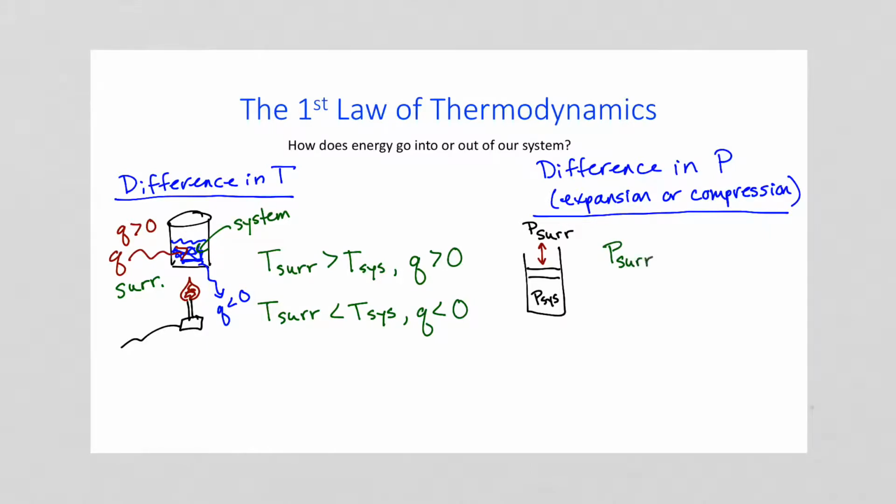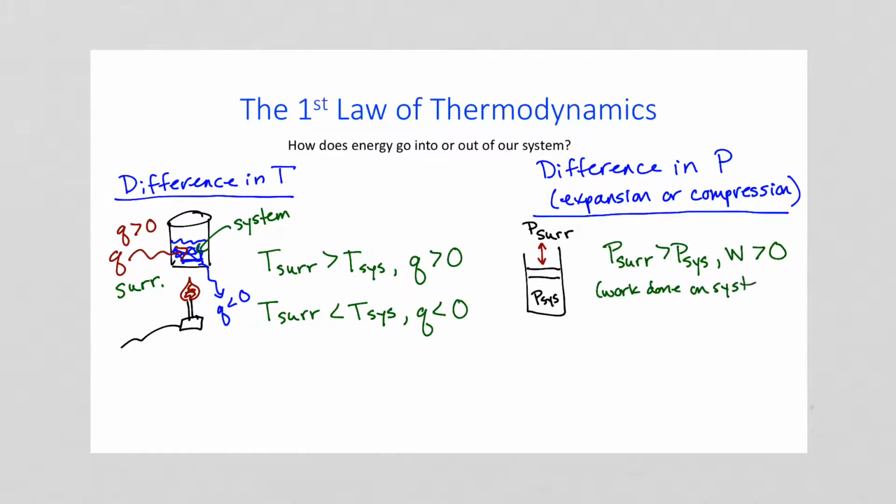So we might have a situation like we had with temperature, where perhaps the pressure of the surroundings is greater than the pressure of the system. In that case, the sign of the work associated with that difference in pressure would be greater than 0 from the perspective of the system. So what we would say there is work is done on the system, or work is going into the system.